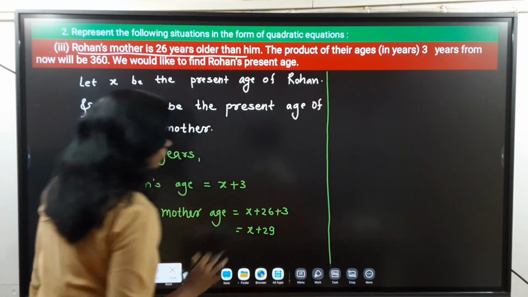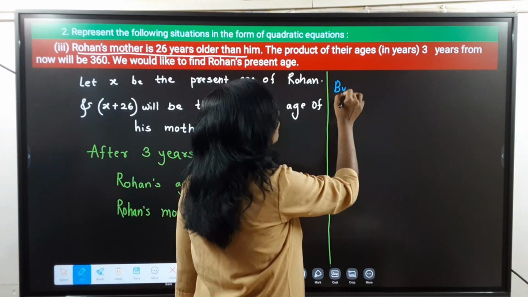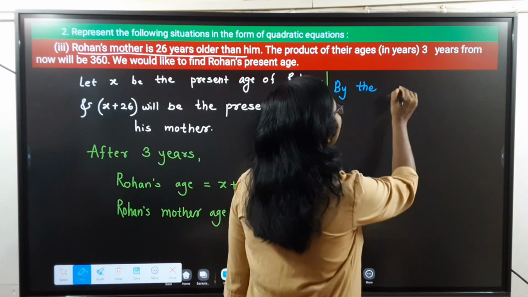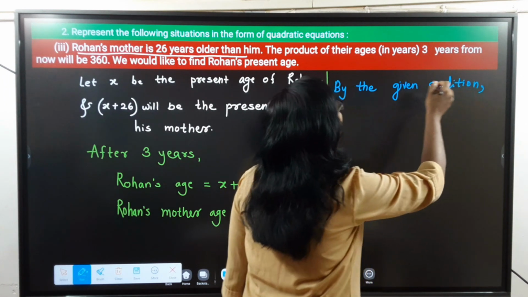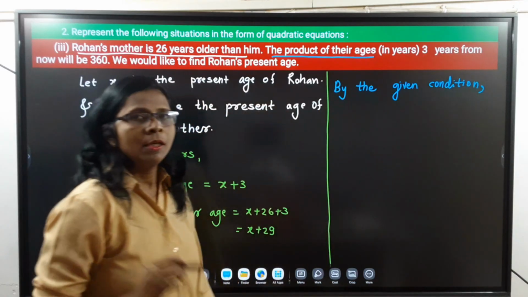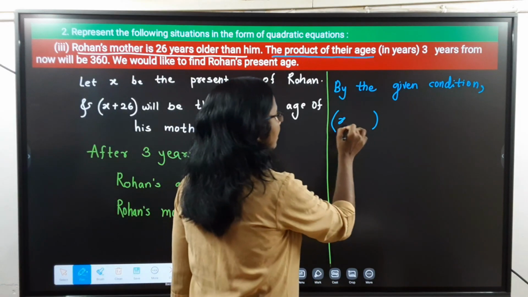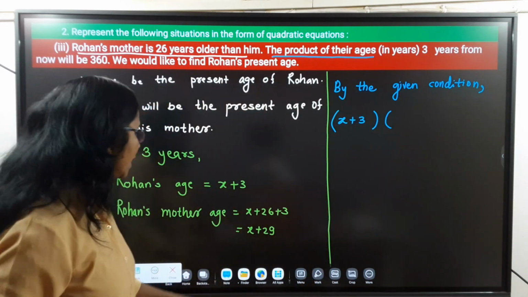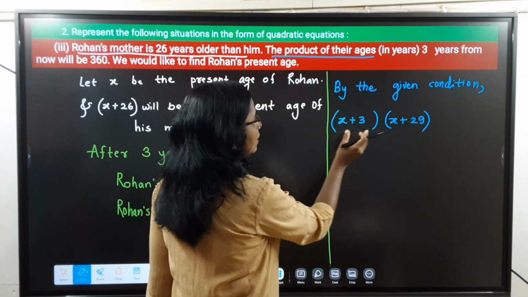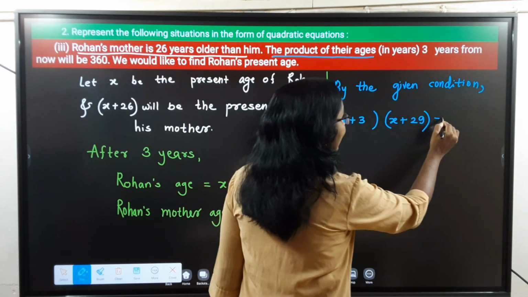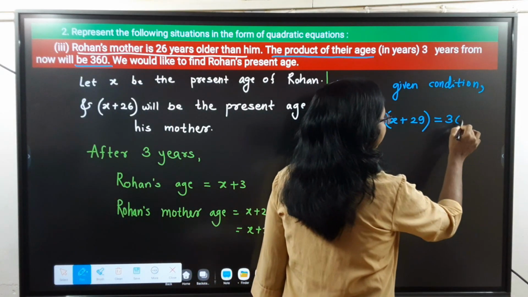Now we apply the condition: the product of their ages, that means x plus 3 multiplied by x plus 29, is equal to 360.